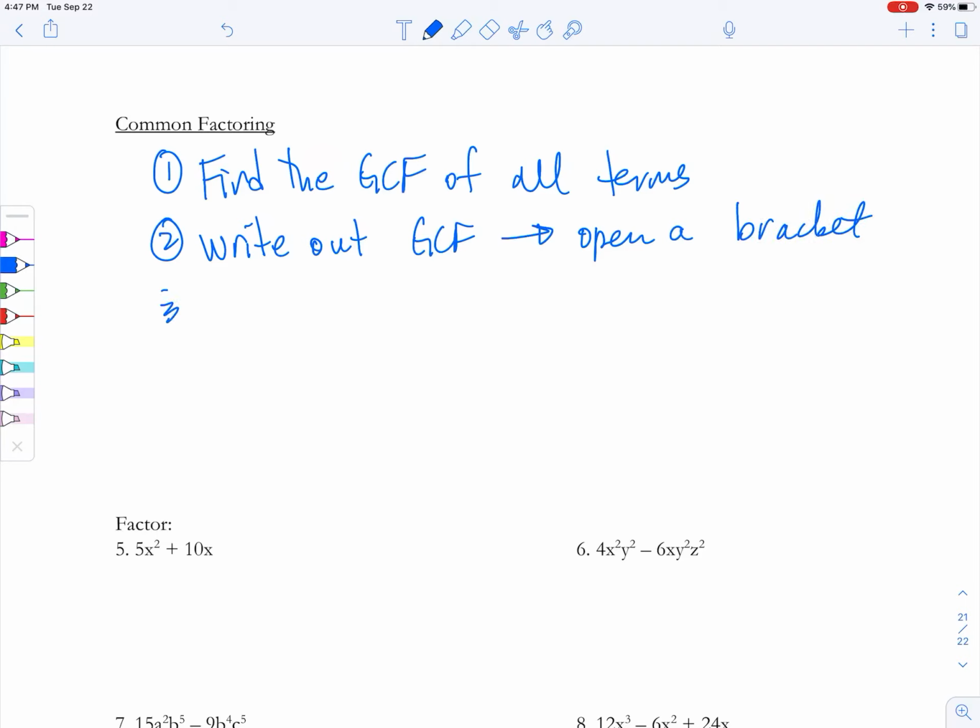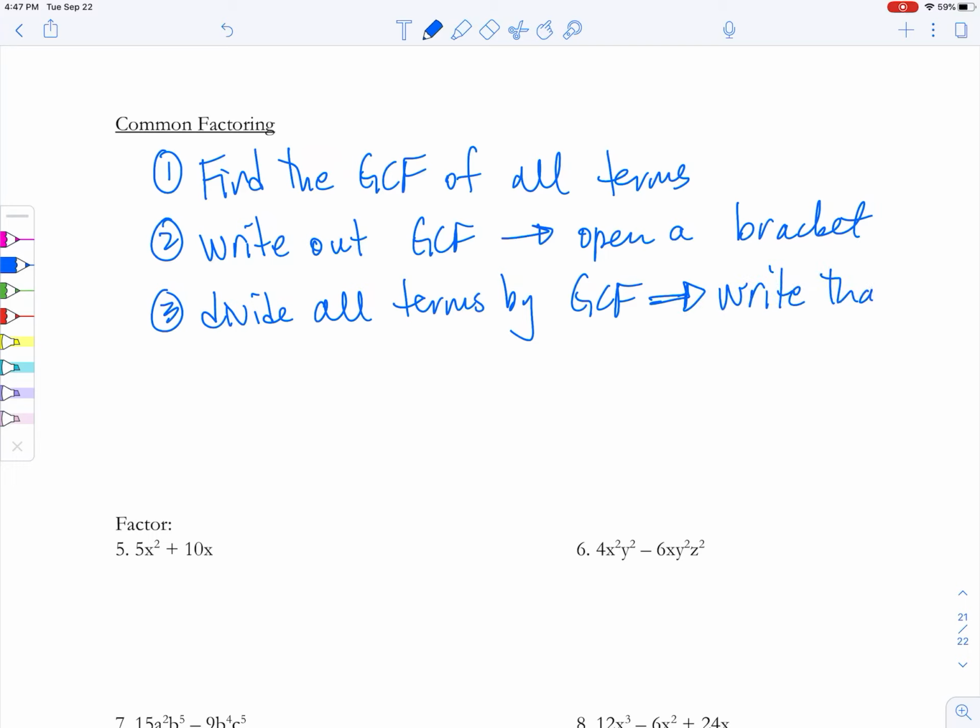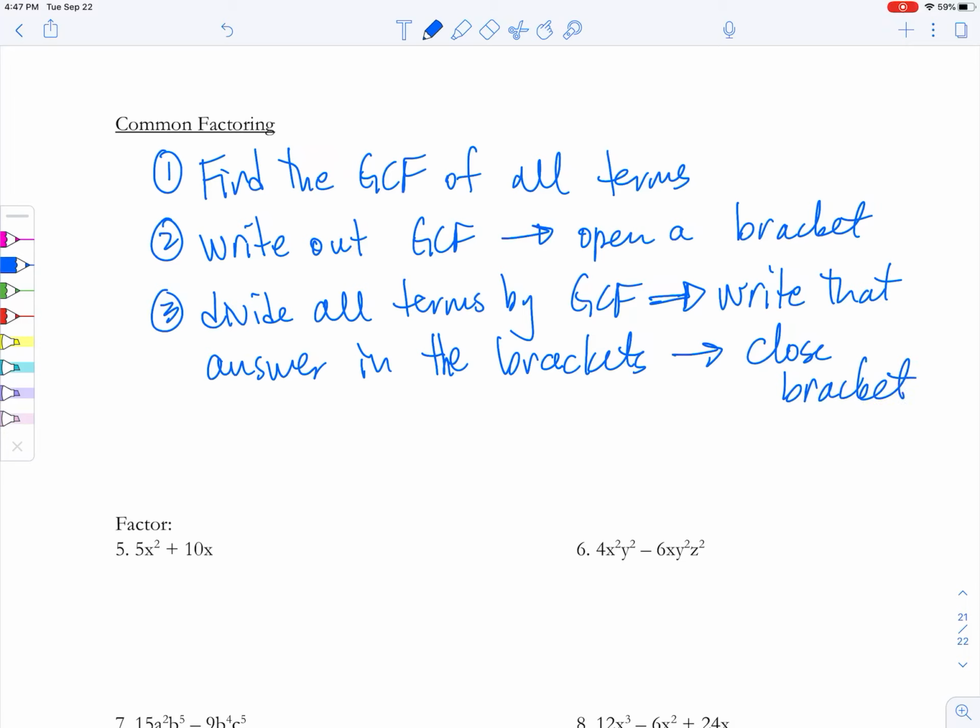And then either on paper or in your head, you're going to divide all the terms by the GCF, write that answer in the brackets, and then close the bracket. That might sound confusing, but we'll go through it step by step.